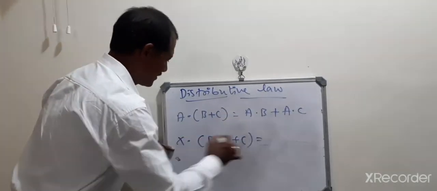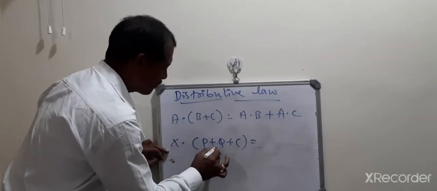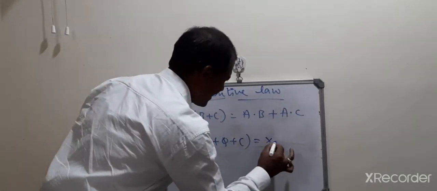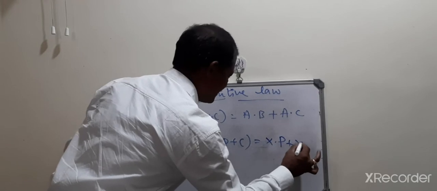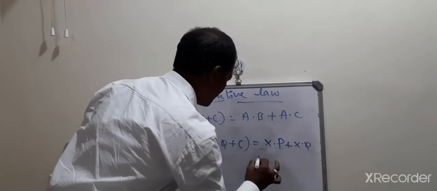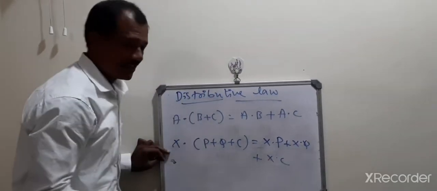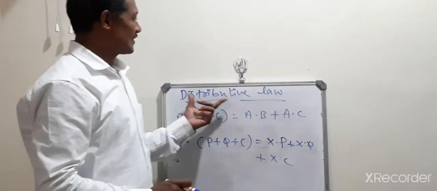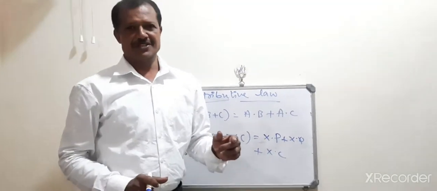So I am going to write this: X and (P plus Q plus C) is equal to X and P plus X and Q plus X and C. So this equation and this equation are both the same. That is what the distributive law states.